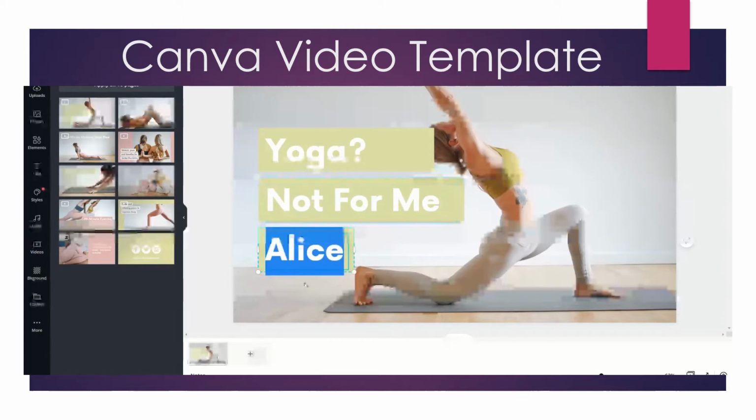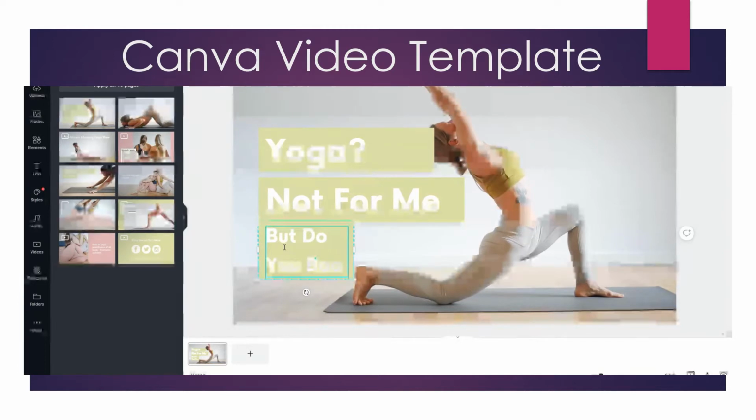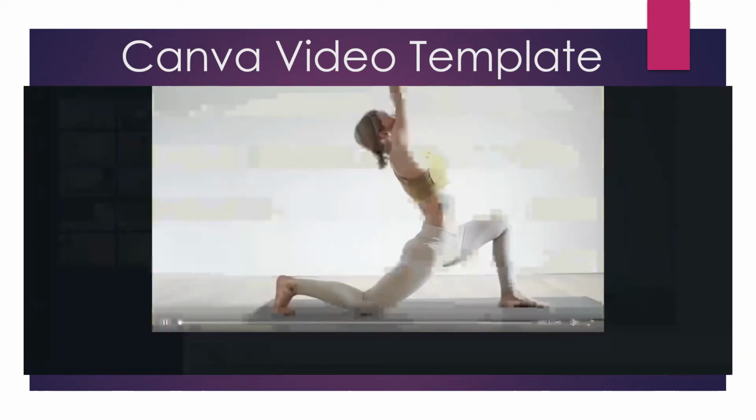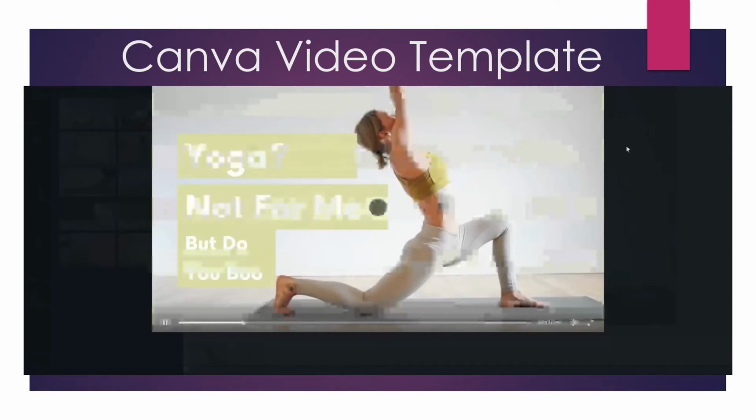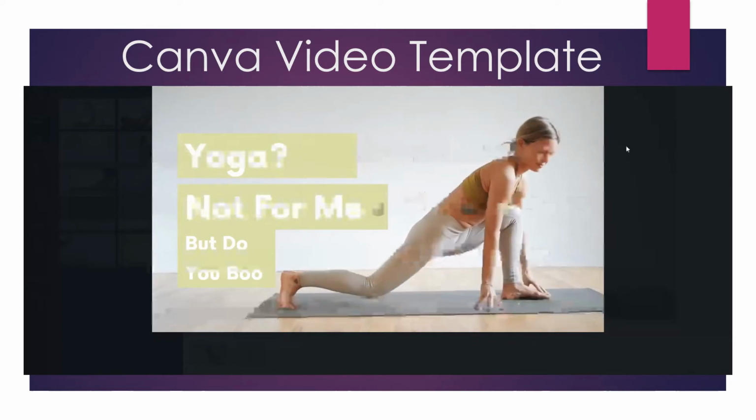And I like to change up my fonts. So I'm going to click up here where it says the font size. I'm going to put it to 60. And then I'm going to type just a silly little message in there and just click anywhere outside the frame. And then I'm going to go ahead and click on play. And then it just saves it. It's really that simple.